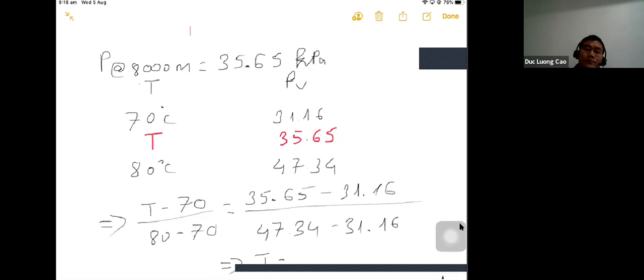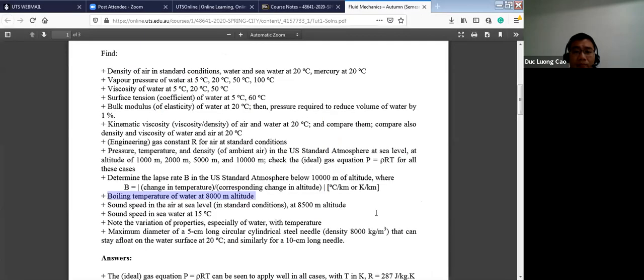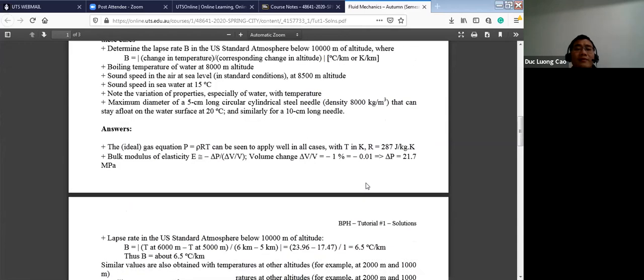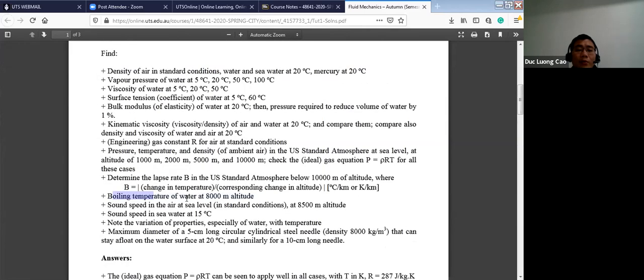Okay, that's easy to find temperature from the equation. And the result is 72.8 Celsius. It means at 8,000 meter altitude, water boils at only 72.8 Celsius. Okay, this is the boiling temperature.